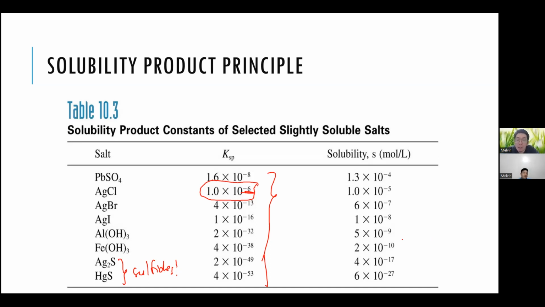This one lies in their bonds. Even though they are ionic, their ionic bond is so strong that even water cannot break them. Always remember that, Joshua, because when we think in chemistry, in a general sense, salts are ionic compounds. That's true. They're made up of electrostatic attraction between cation and anion. So therefore, it seems they should be dissolved by water.